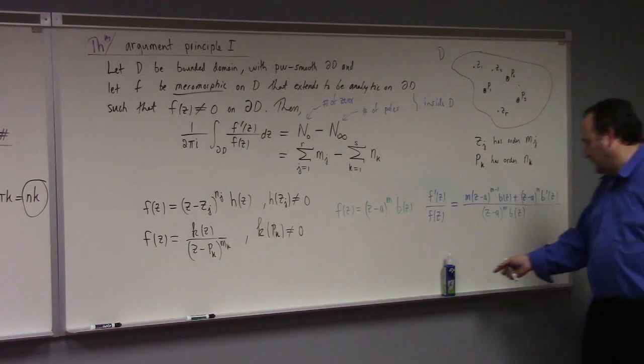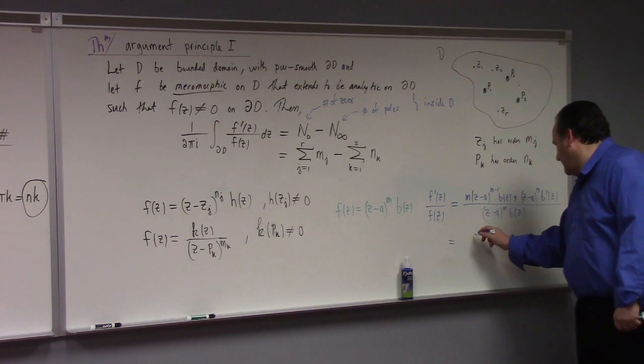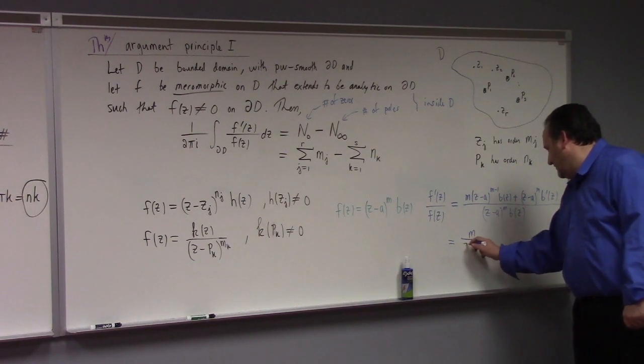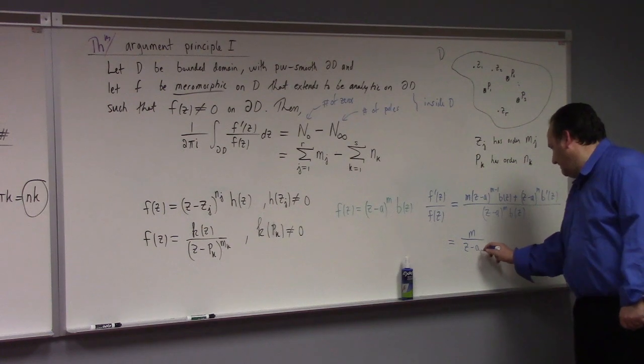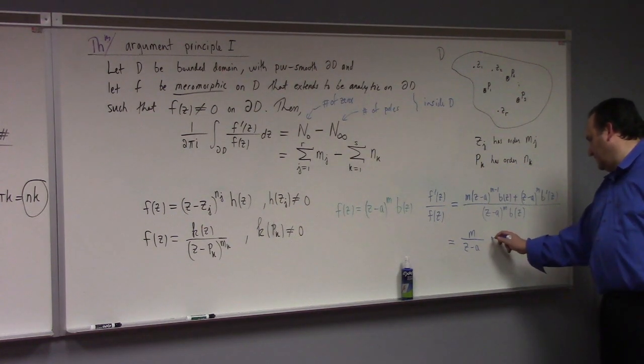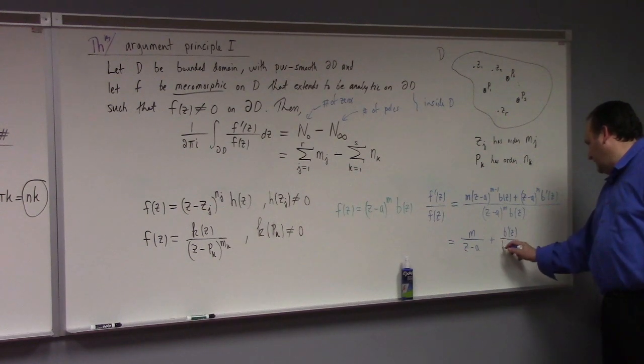So how does that simplify? It simplifies as m over z minus a from these two, and then the second term is b prime of z over b of z.